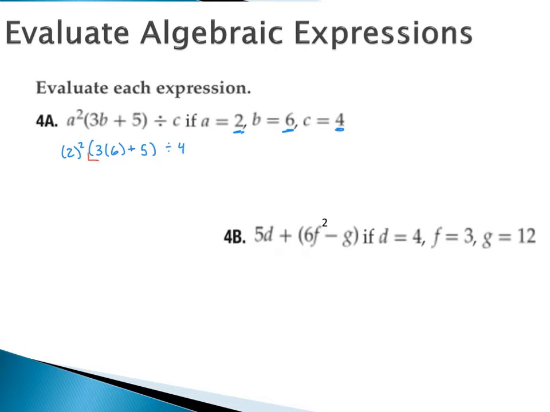So first off, you have parentheses. You do the multiplication first on the inside, so really it's this first, and then 5. 2 squared times... and then you have to do the exponent. So this happens first.